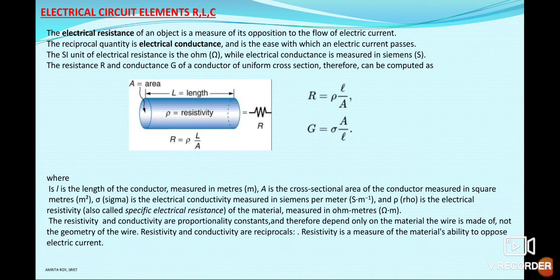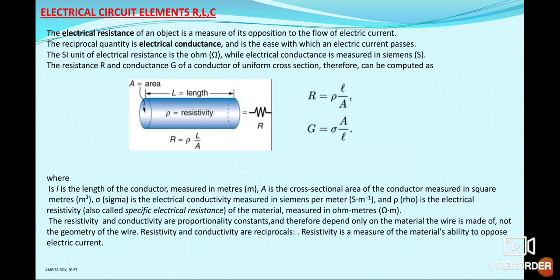For a given material, the resistance is inversely proportional to the cross-sectional area. For example, a thick copper wire has lower resistance than an otherwise identical thin copper wire. Also, for a given material, the resistance is proportional to the length. For example, a long copper wire has higher resistance than an identical short copper wire.